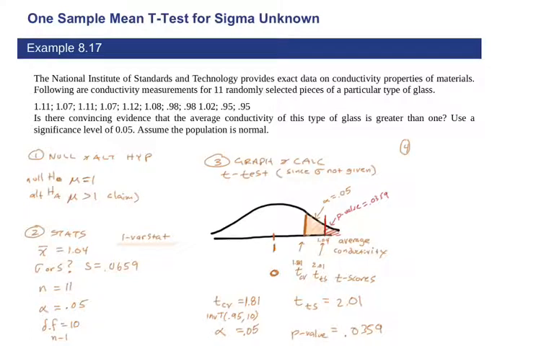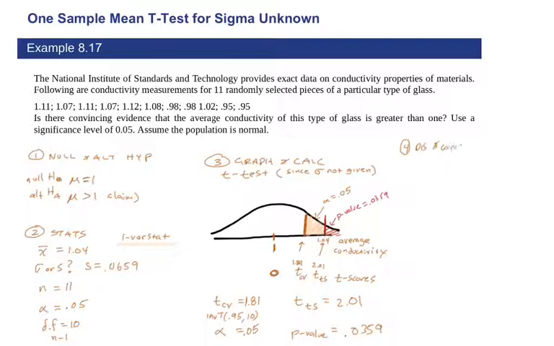My t-test statistic is 2.01. It's a lot easier to compare the t-scores rather than the areas, because we can see which one falls to the right or the left of that. So our average conductivity, 1.04, corresponds to this t-score of 2.01. Okay, so there's our full picture.